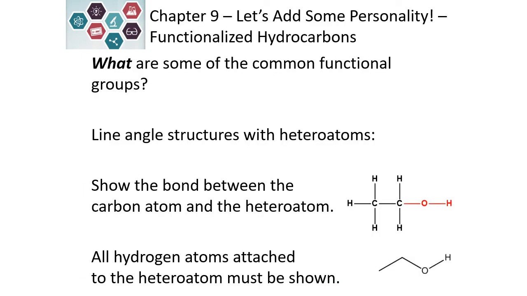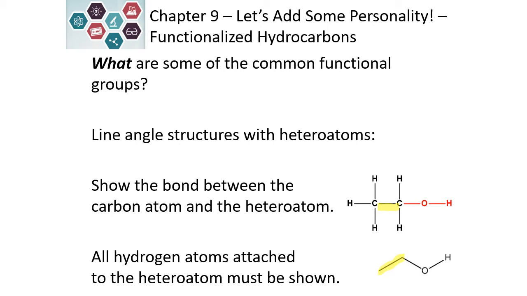How about line angle when we have heteroatoms, atoms that are not carbon and hydrogen? Well, we still want to show the bond between the carbon atoms as line angle. So we have our single bond between our carbons.